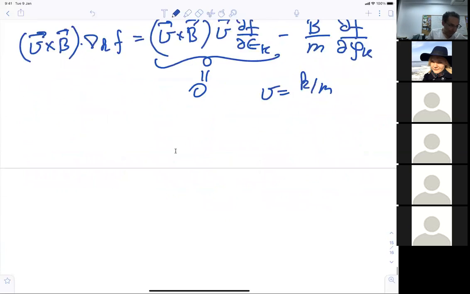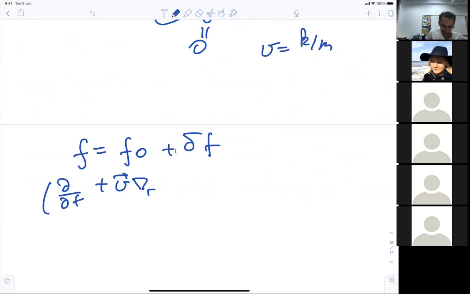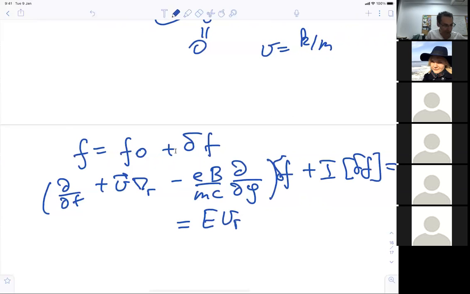And therefore, if we now write the distribution function as some equilibrium part plus delta f, then the Boltzmann equation reads d over dt plus v grad r minus eB over mc d over d phi acting on delta f, plus the collision integral acting on delta f, is equal to e v Fermi cosine phi df0 over d epsilon k.